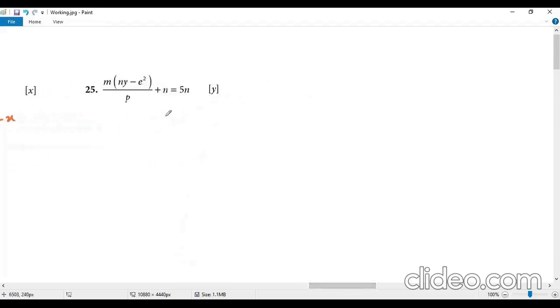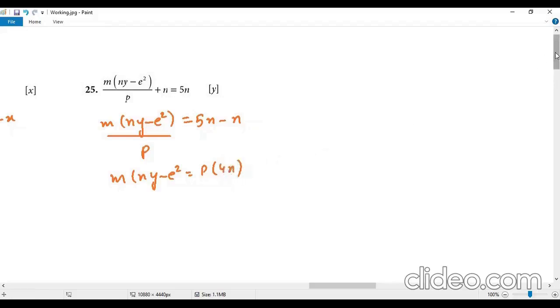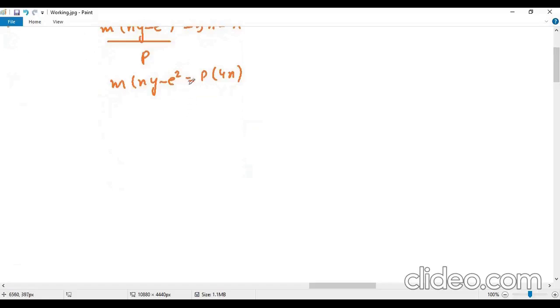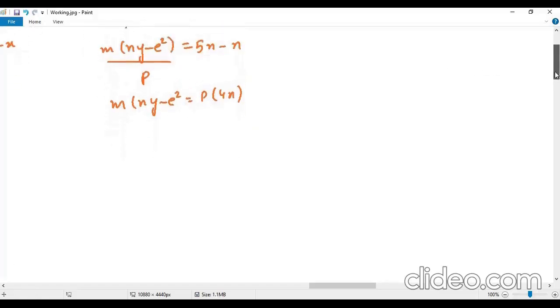Now in here, y has to be made subject. That means I will take m multiplied by ny minus e square in one bracket over here, and I will over p and 5n minus n. That means it's going to be m times ny minus e square equals p times 4n. So this is going to give us subject is y.